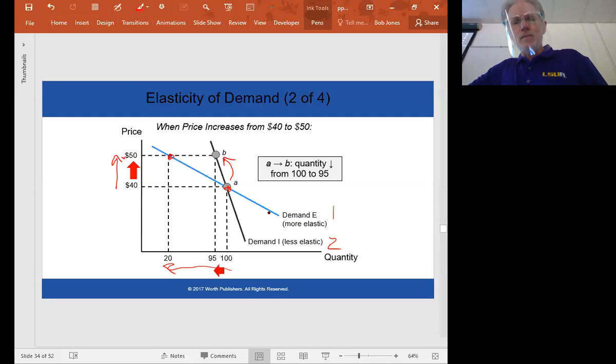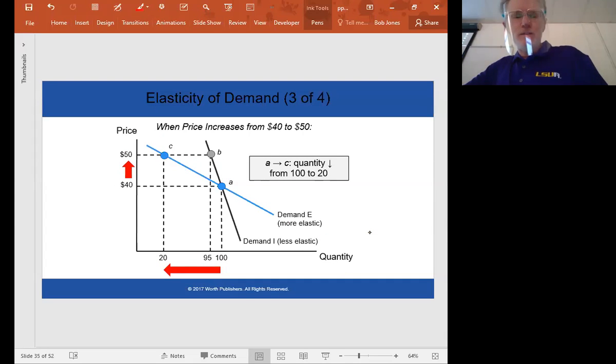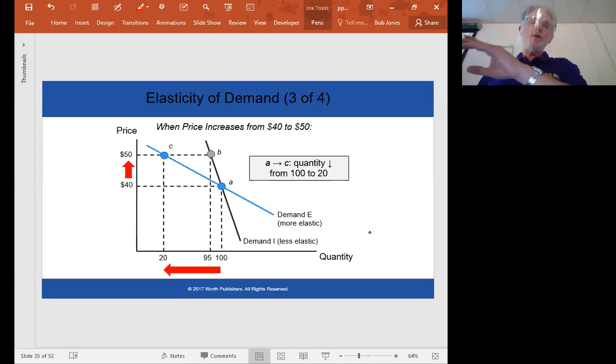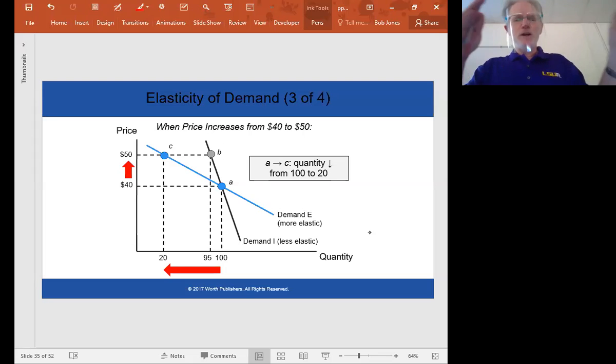But in market one, where the curve is flatter, the same $10 price increase causes quantity to go from 100 all the way down to 20. Huge change. So in that demand one, the one I'm calling one, you had a huge responsiveness to the change in price, where you had a much smaller responsiveness in the other market. Yeah, this shows that same thing, right? They've set that up so that you're looking at the same price change in both markets. You see a much bigger response in one market than in the other.